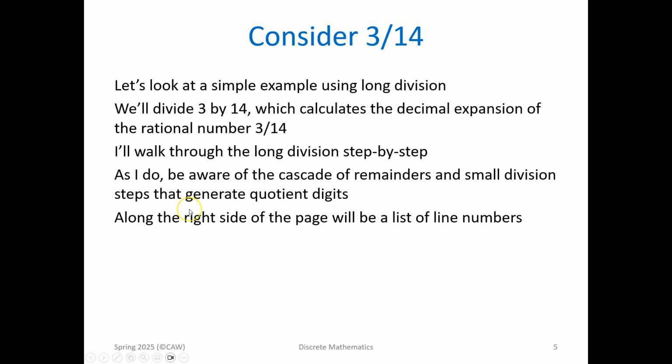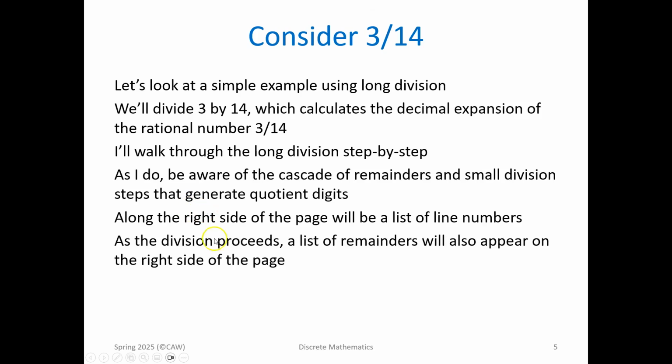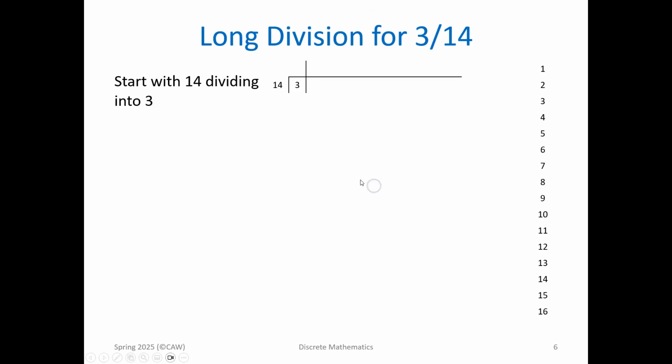Alongside, on the right side of the page that I'm going to show you, there's going to be a list of line numbers so that I can reference the lines. And as the division proceeds, I'll also put in there a list of remainders that are appearing. So let's get started. We want to start with 14 dividing into 3. So here's our classical long division setup.